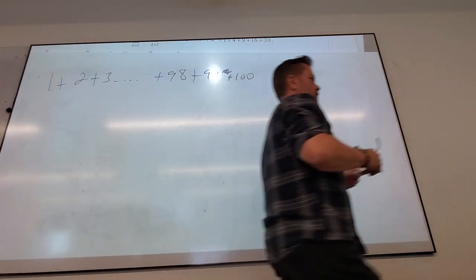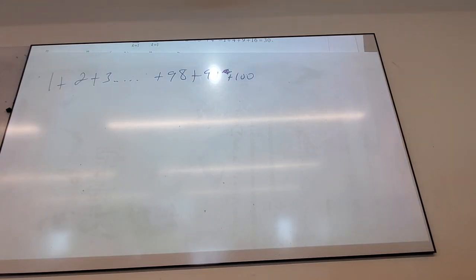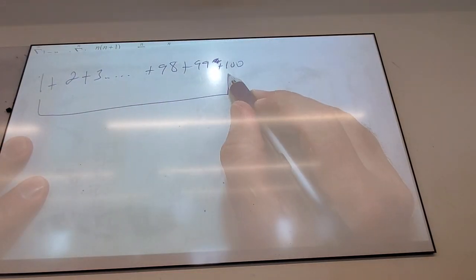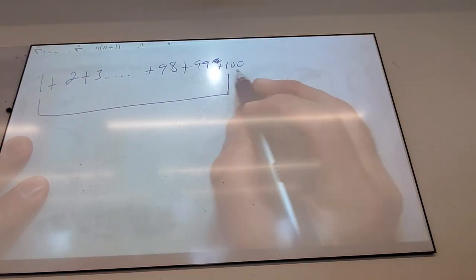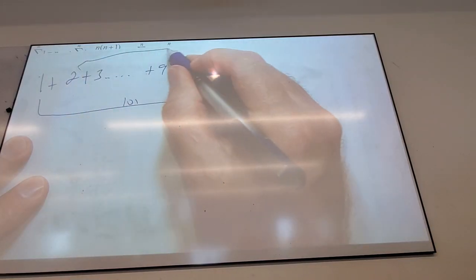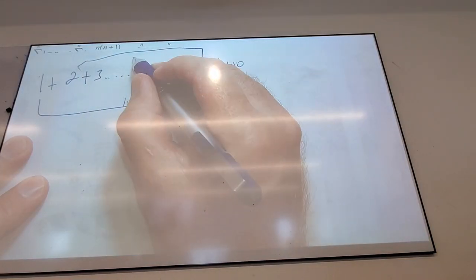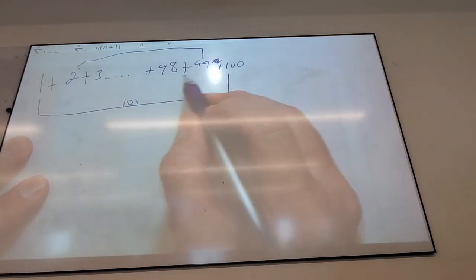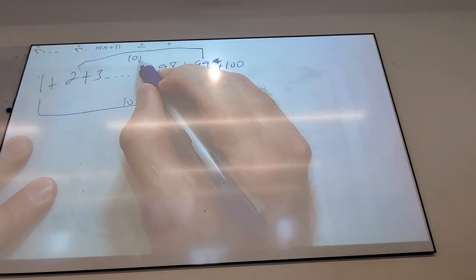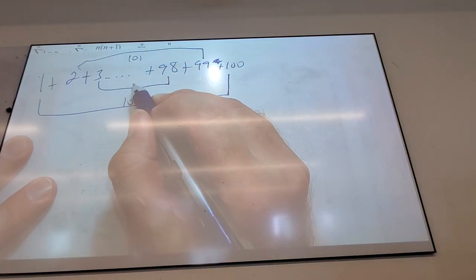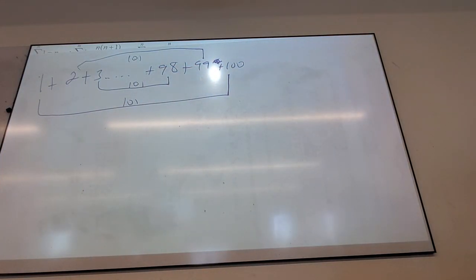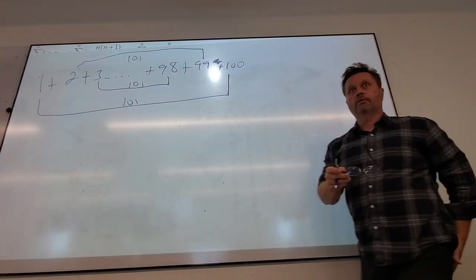So here's what Gauss realized. Little Gauss said, "Wait a minute, 1 plus 100 is 101. What's 2 plus 99? 101. What's 3 plus 98? 101." You guys with me?